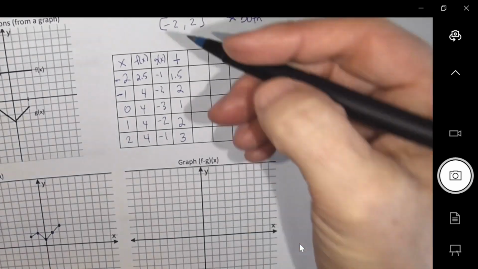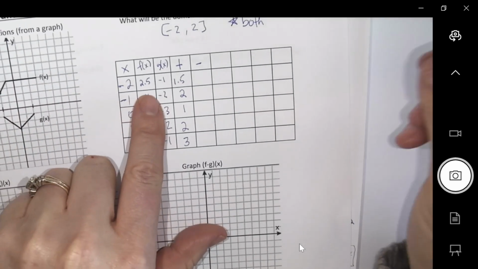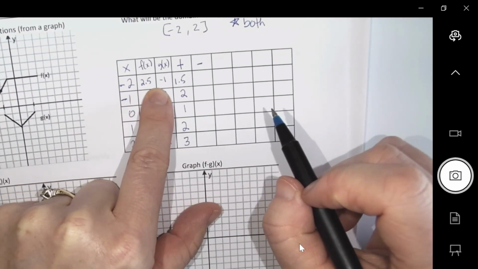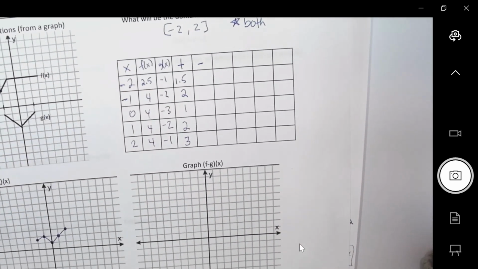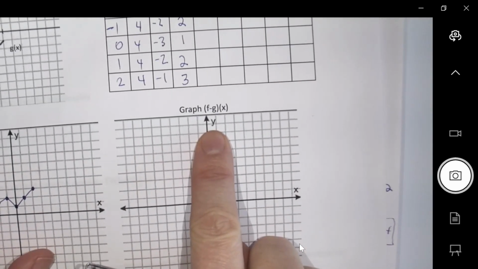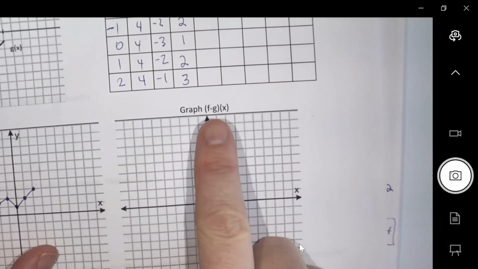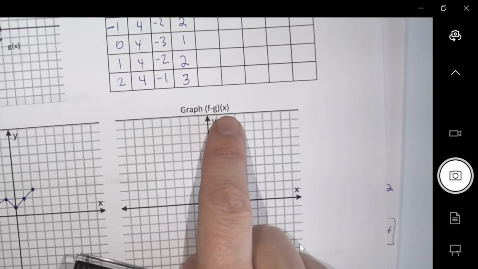Okay, so you're going to do the same thing, but subtracting now, going back to these columns. So what is 2.5 subtract, wait, the order matters here, so we have to be careful. When I add, the order doesn't matter, right? Subtracting, you have to do it with the f subtract the g.